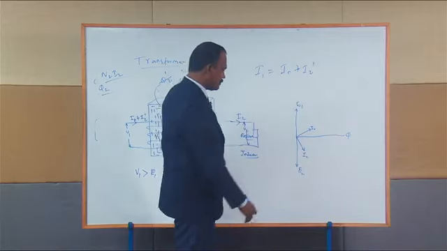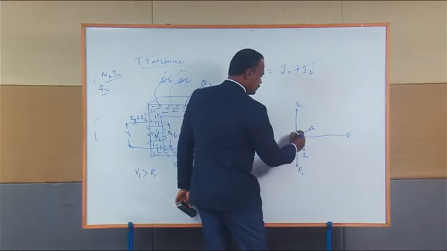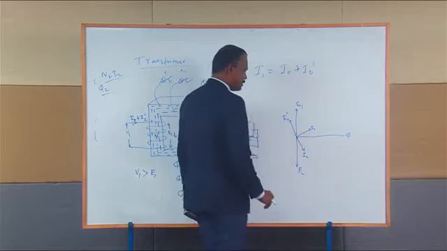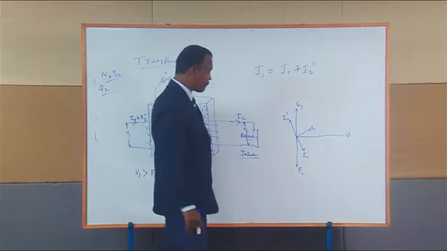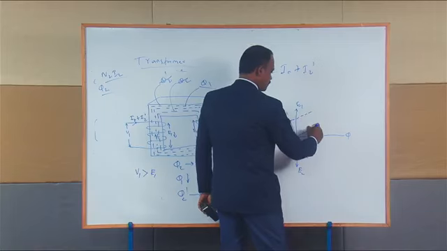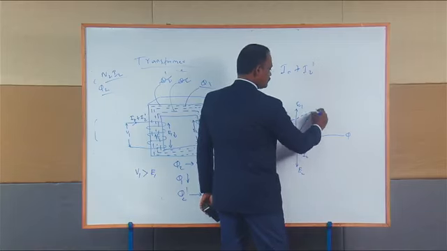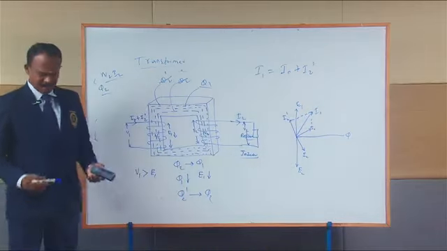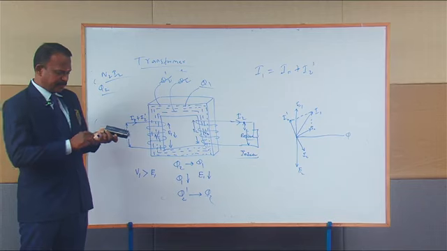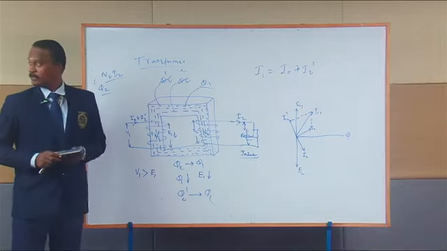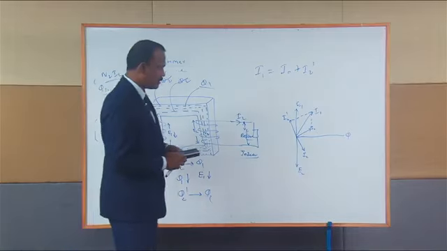So I2 dash will be directly opposite to that of I2. It is the same in magnitude, but directly in phase opposition. So when you draw the parallelogram from here, this current I call I1. Now this is the relation between your primary current and secondary current with respect to the primary induced voltages.